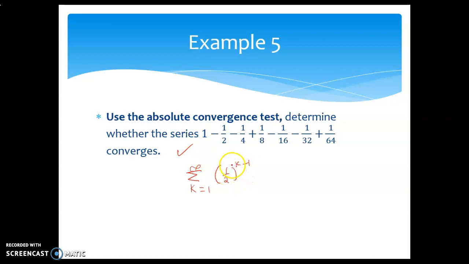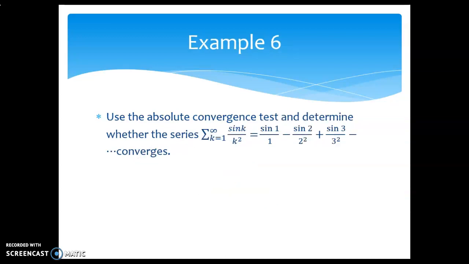When I substitute 2, I'm going to get negative 1/2. Then here I'm going to have the alternating series. So that means right now this a of n has r equal to 1/2. This is a geometric series, and it converges because it's a geometric series.